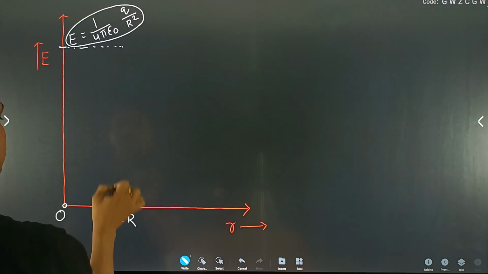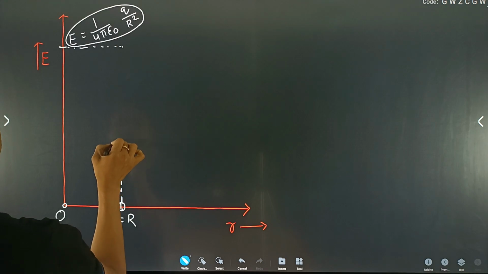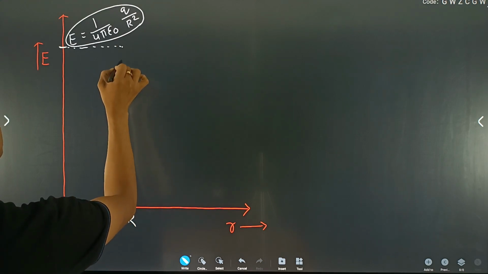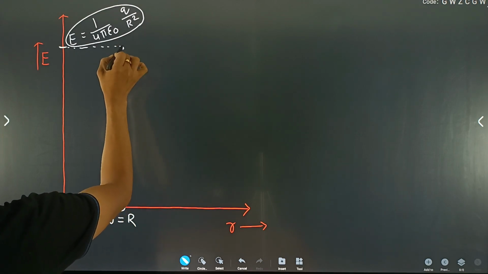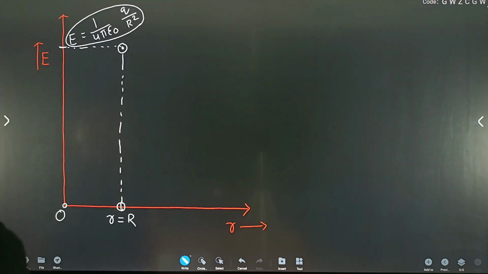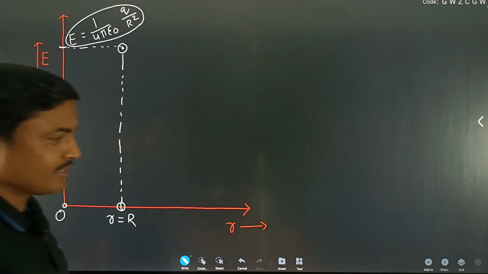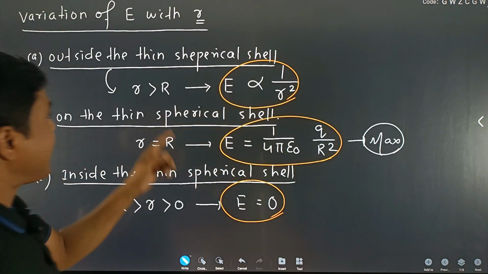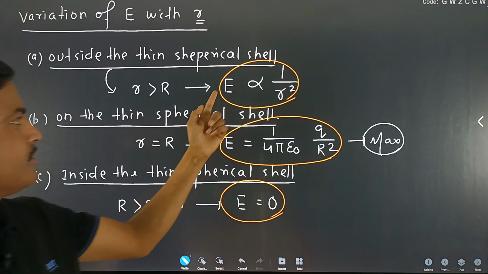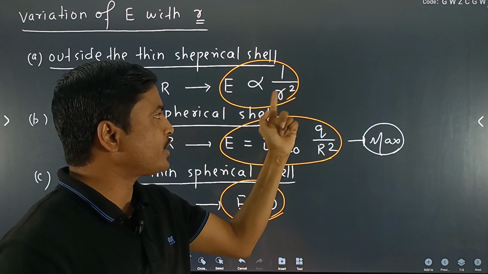Here you draw perpendiculars, and both the perpendiculars meet at this point, which is the point on the thin spherical shell. Then outside the thin spherical shell, E is inversely proportional to the square of the distance.